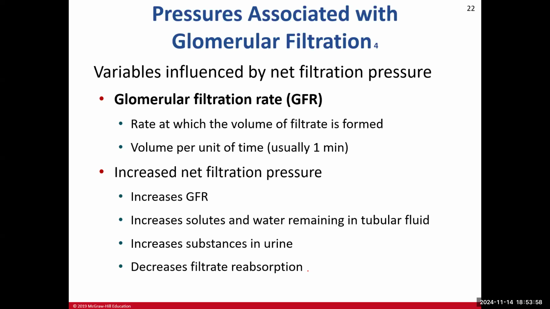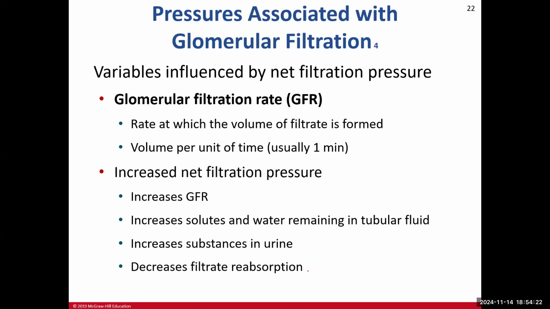Makes sense, right? We have more blood coming into the area, we're going to be filtering out more. We're also going to see more solutes in water in the tubular fluid, because we're moving more of that fluid out into our proximal convoluted tubule.